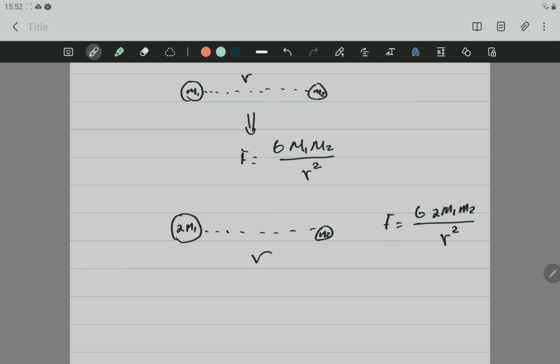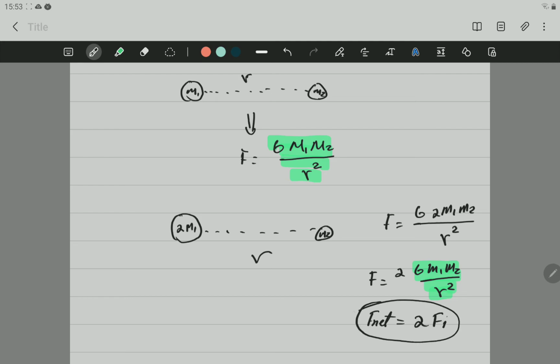If you take the 2 out, you have that F will be equal to 2 multiplied by G m1 m2 divided by the distance squared. This one here is the first force. So that means that the new force is equal to 2 times force 1. So the force increases 2 times. I hope it's clear.